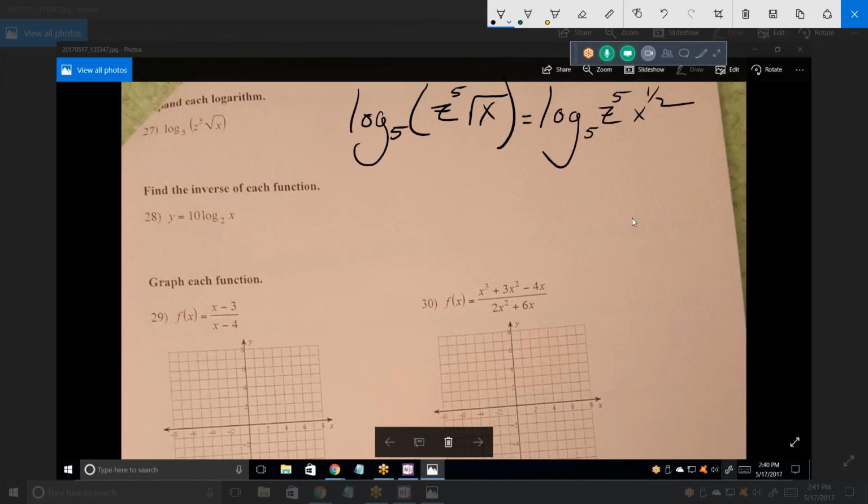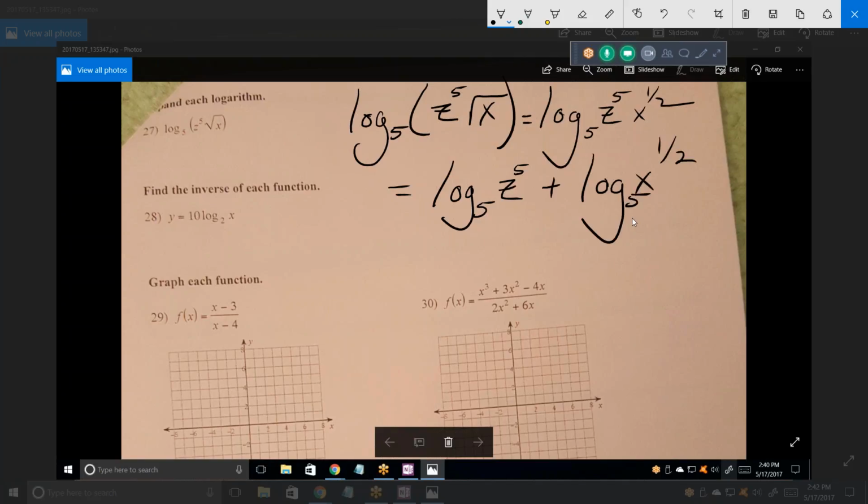So, first of all, separate those two into two log expressions. Log base 5 of z to the 5th, plus log base 5 of x to the 1/2. Very important.